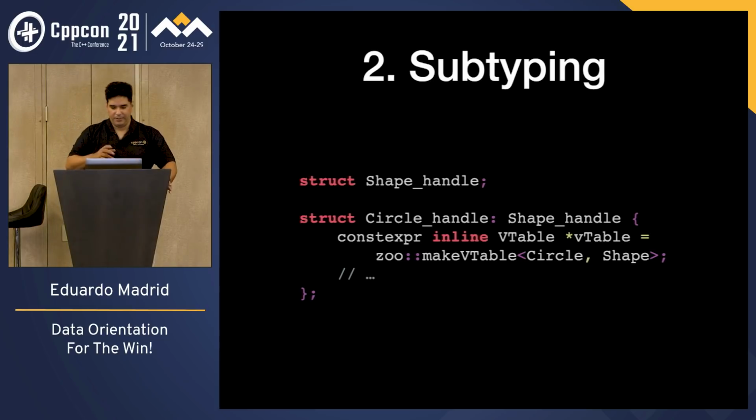So there are many ways to skin these things, and this is one in which you can do them, okay? Could you repeat the question? Yes, the question was whether, in this case, the circle class had to be final.